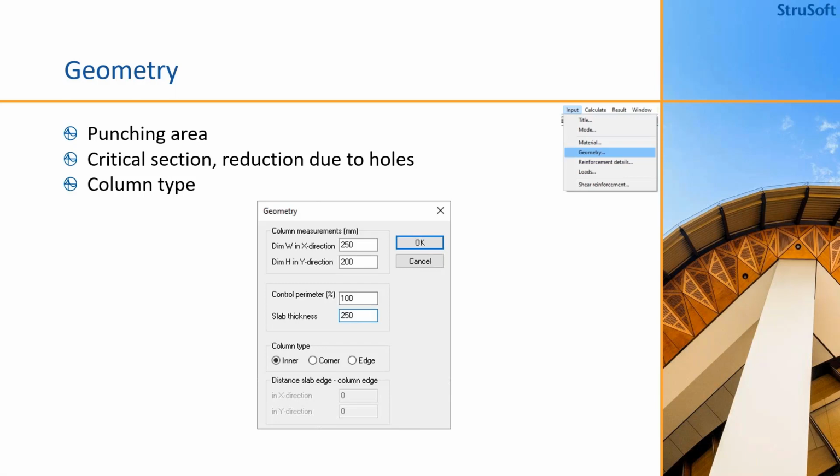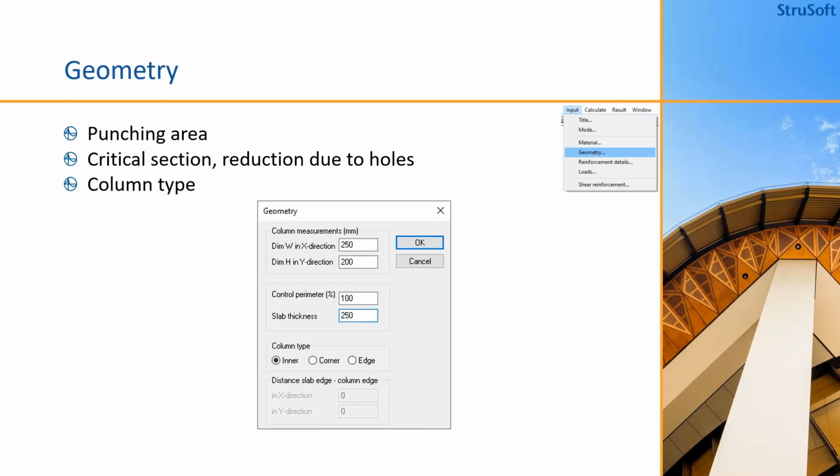We also define the slab thickness, and this is the height of the concrete above the column. And if there is a steel plate on top of the column that is cast into the slab, then we have to use the height of the concrete above this steel slab.